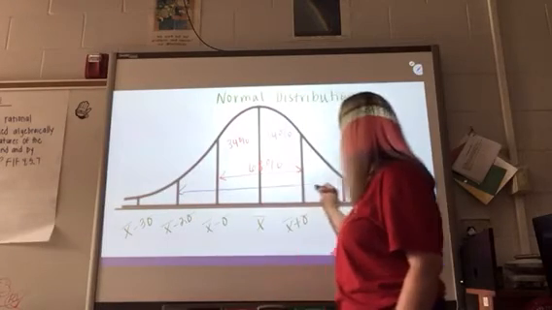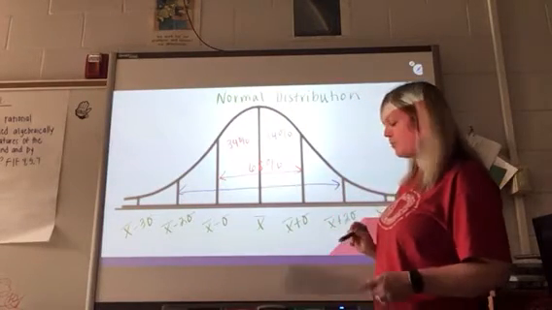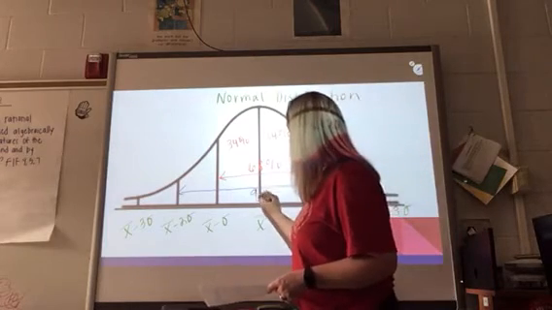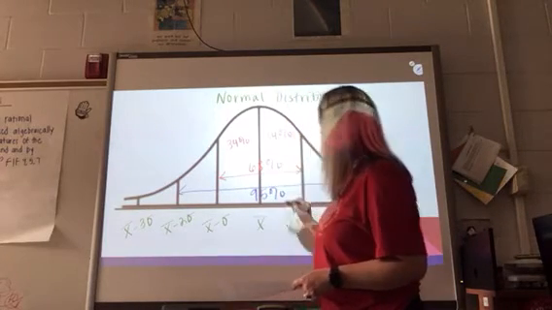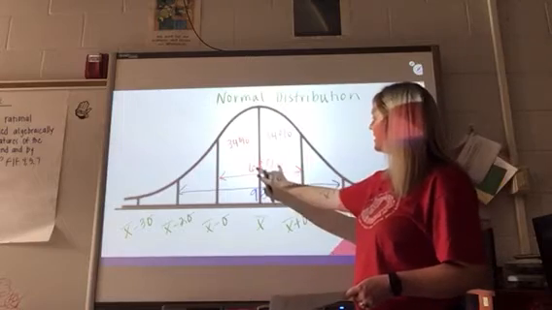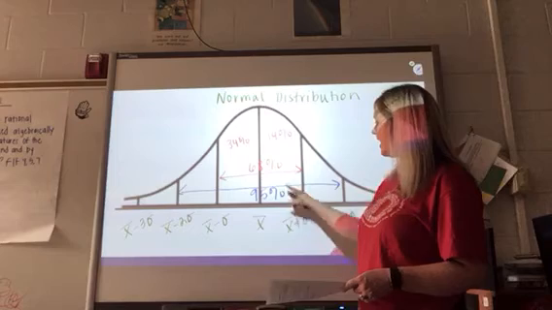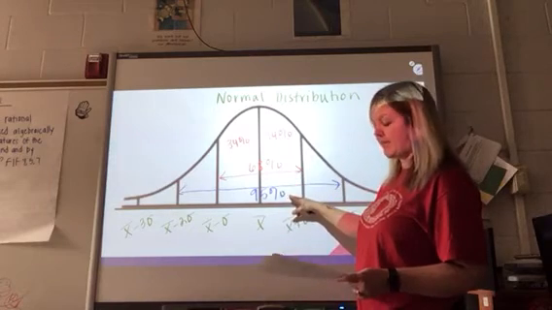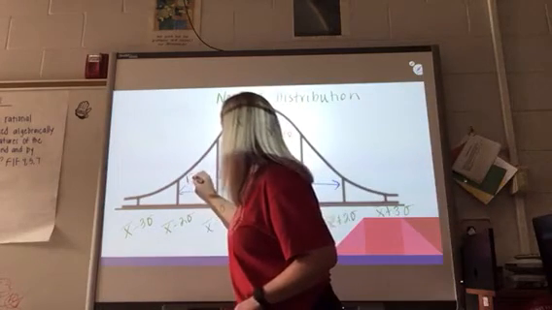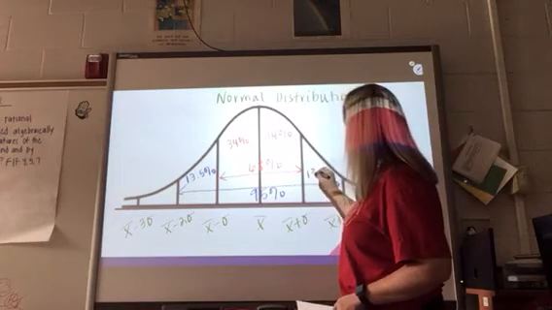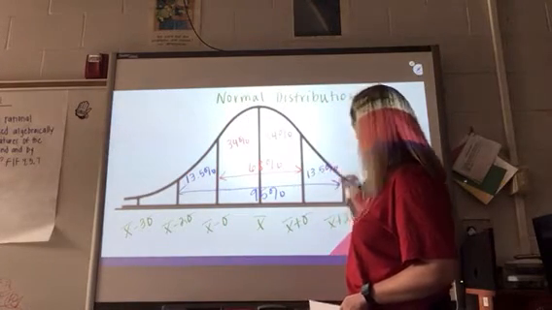From here to here, which is 2 standard deviations above and below the mean, it is 95%. So if this is 68, to find these two sections, I can subtract 68 from 95 and halve it. So this is going to be 13.5% of the data as well as this.